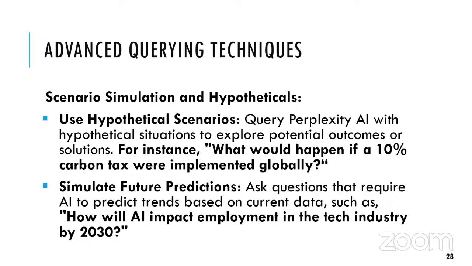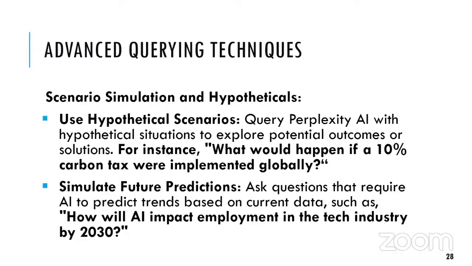You can also do what we call scenario simulation and hypotheticals. You can query Perplexity AI with hypothetical situations to explore potential outcomes or solutions. For instance, you can say, what will happen if a 10% carbon tax were implemented globally or in a particular country?